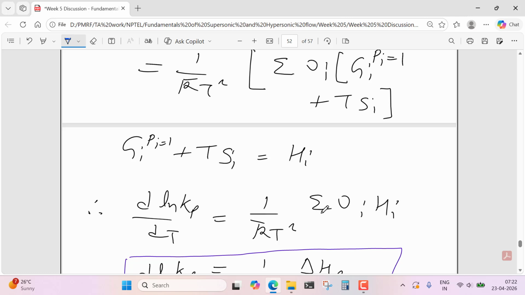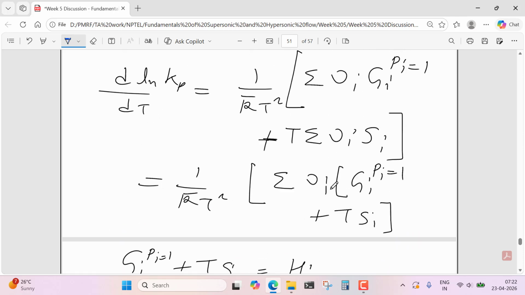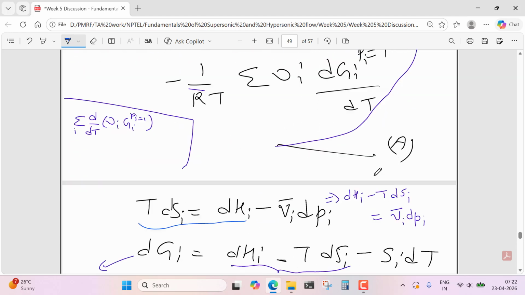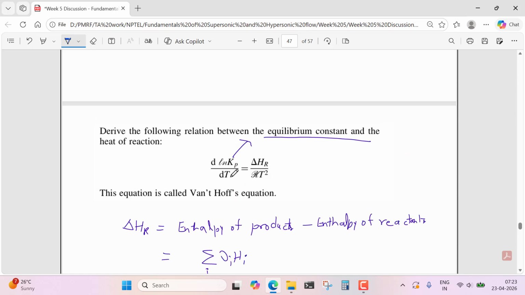And we know what sigma nu i hi is. It is nothing but delta hR. So we'll get d log Kp upon dT equal to 1 upon R bar T square delta hR. So this is how we get this relation.